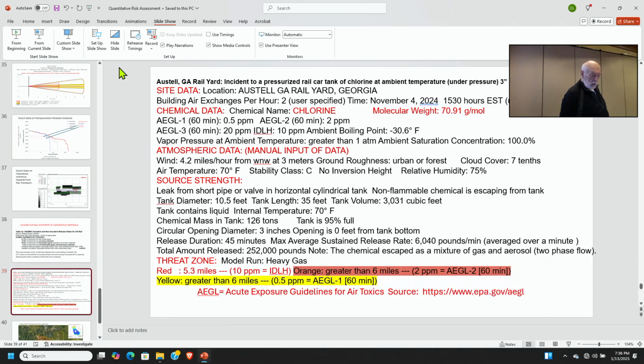Your orange zone, greater than 6 miles, and your yellow zone, greater than 6 miles at over a half ppm. At that point, you're getting irritating, and you're going to notice it. It's kind of comparable to what happened in Atlanta from Conyers.